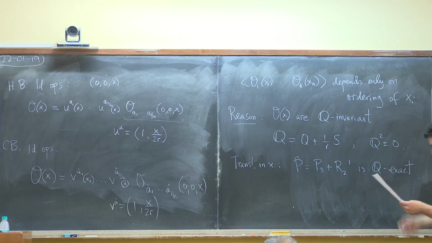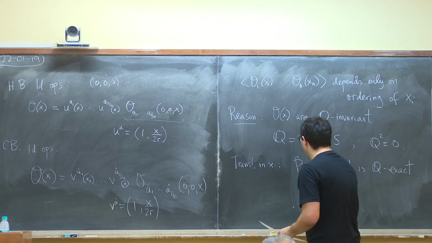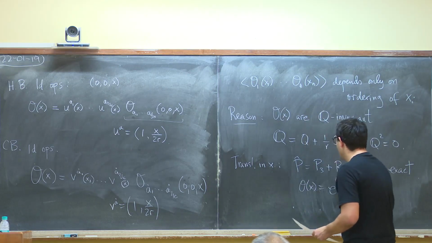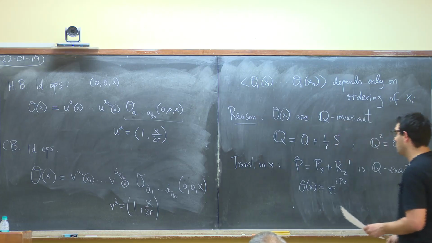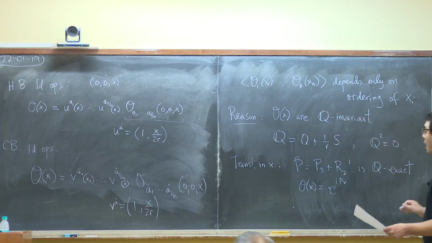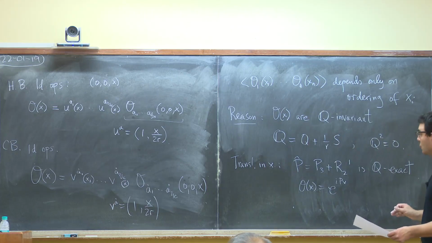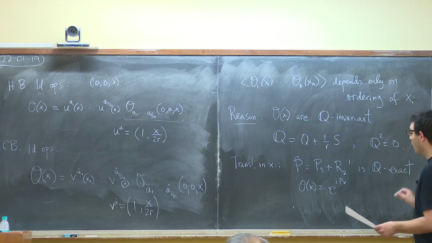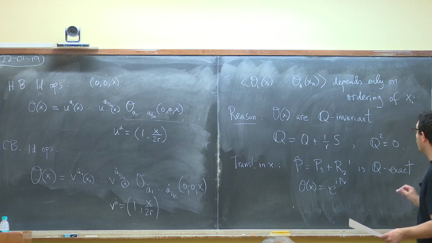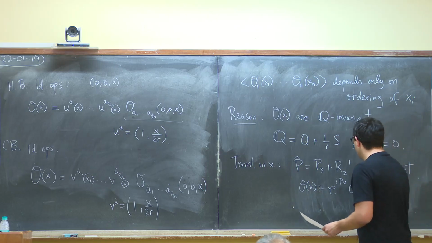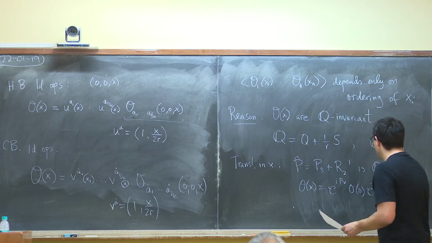Then the abstract argument. So this O of x. Translation in each individual x? This is the translation operator. For all of them together? No, it's going to work individually just because they're all Q invariant. I see. So this is O of 0 e to the minus i p hat x.